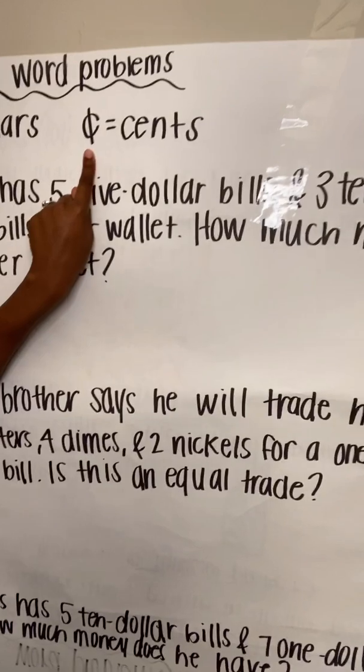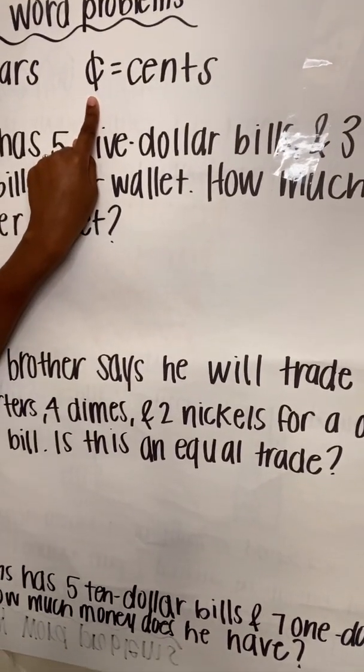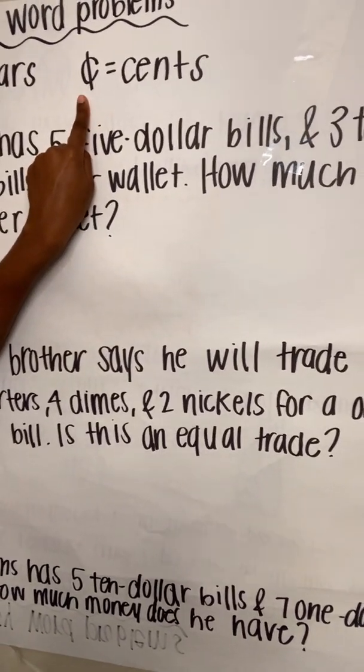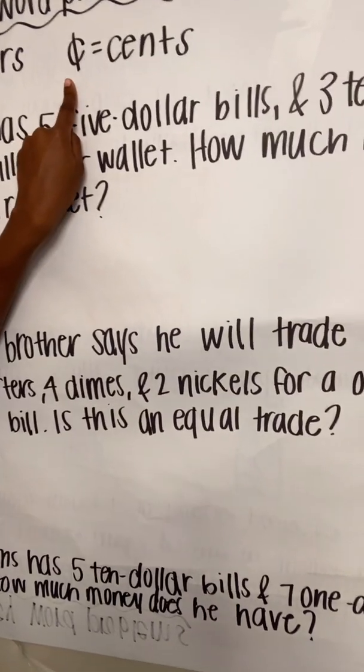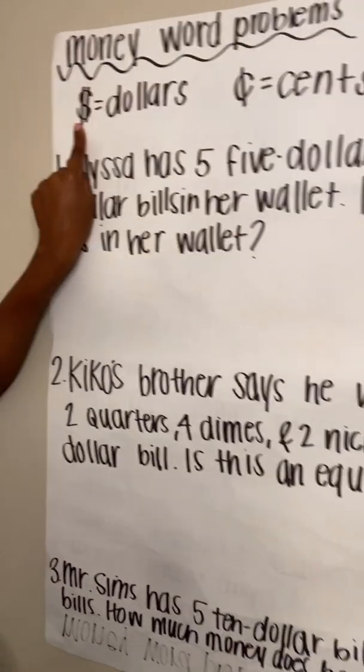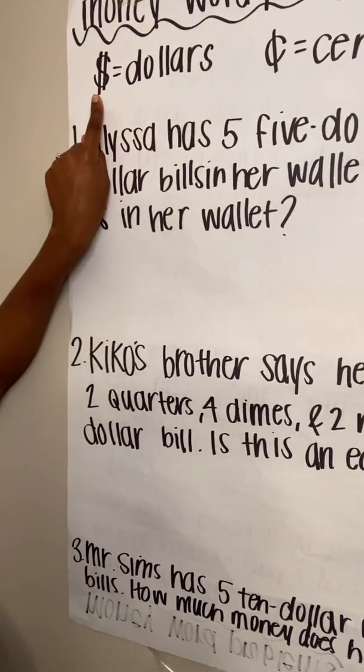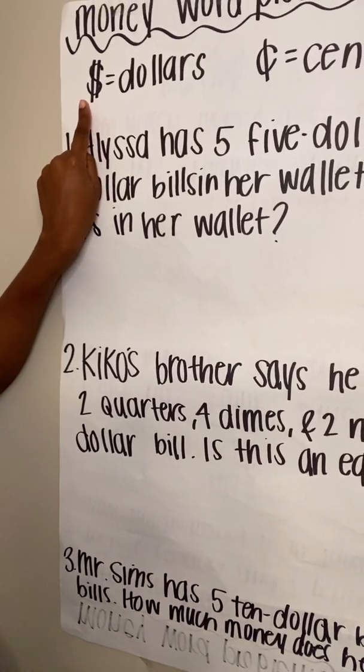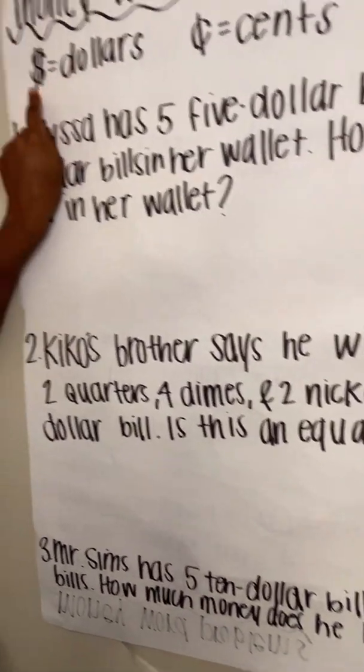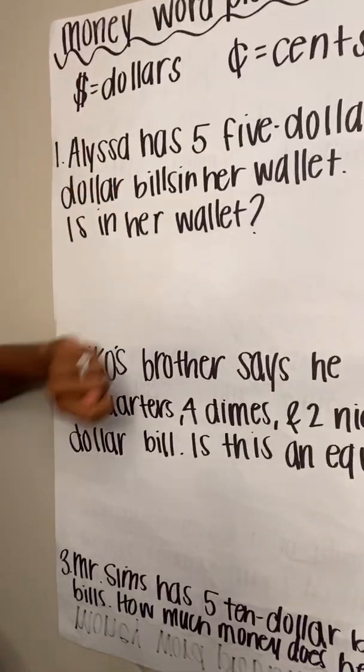I know we are really familiar with the cent sign, but today we're not going to be using the cent sign. This is only for coins. Today we are only working on dollars. So get familiar with the dollar sign. It's an S with two lines through it.